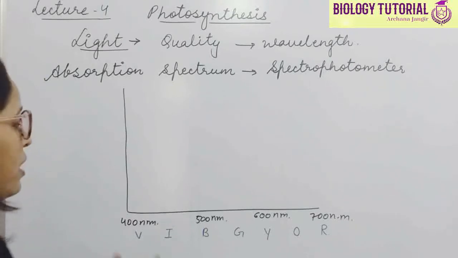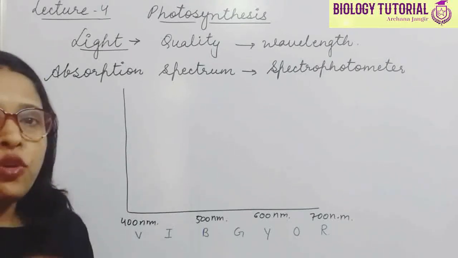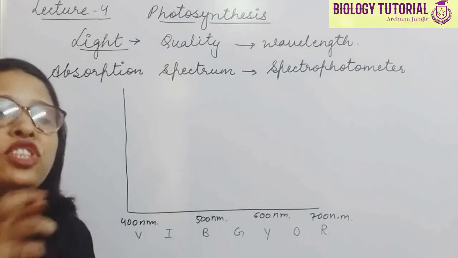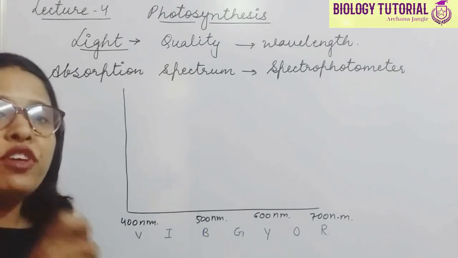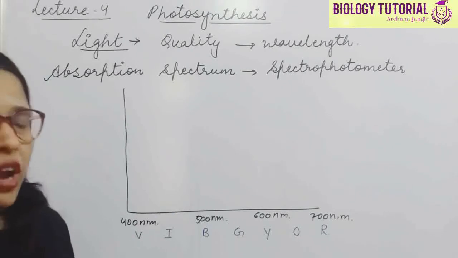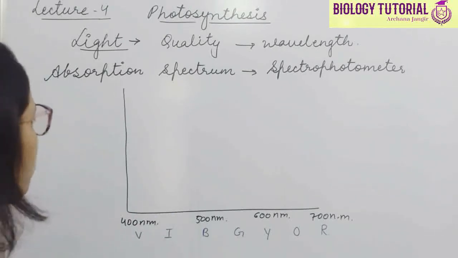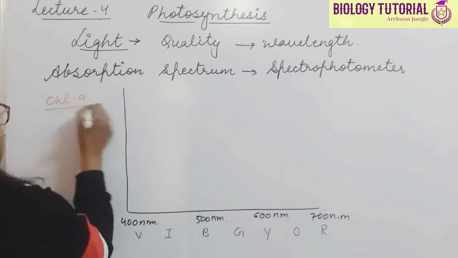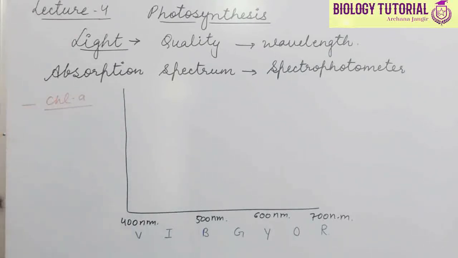Now, in this spectrum, which molecule of chlorophyll or which pigment absorbs which intensity of light? We have to discuss that here. First of all, we are going to discuss the chlorophyll A molecule, which is the major pigment.